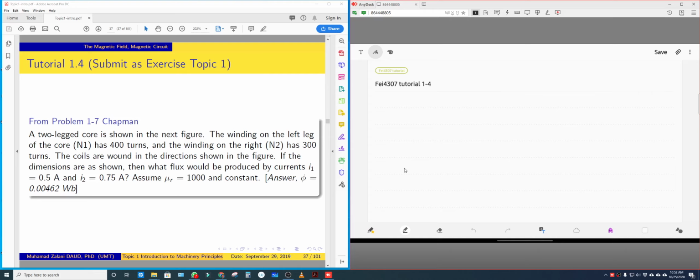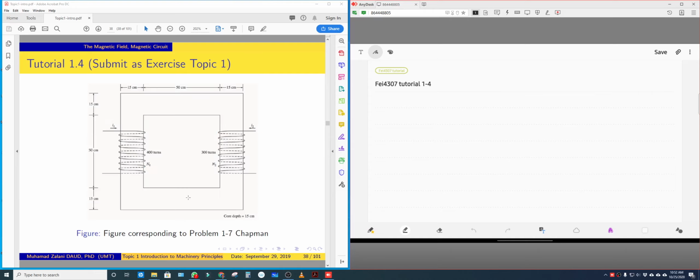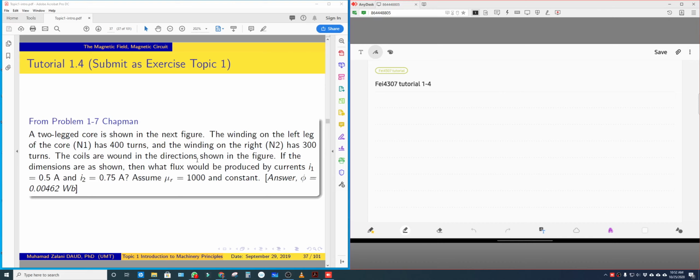A two-leg core is shown in the next figure. So this is the two-leg core that is mentioned in the question. The winding on the left leg of the core is N1, which has 400 turns, and the winding on the right leg, which is N2, has 300 turns.